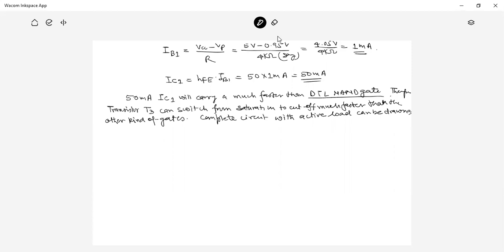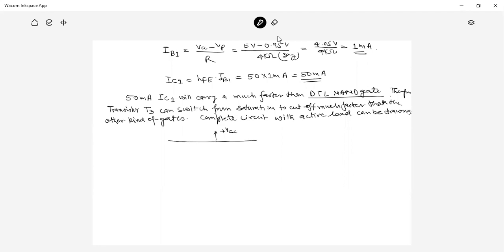This one is the supply line plus VCC, and there are 3 inputs.